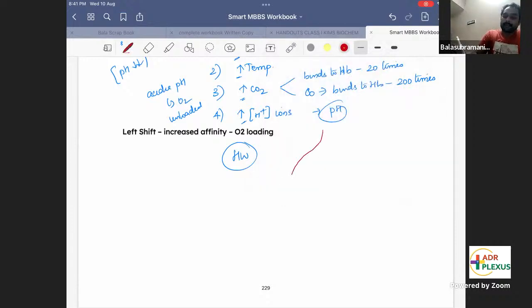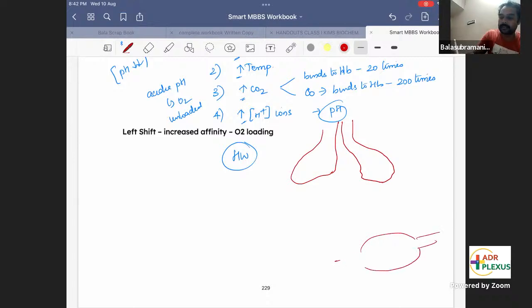See here. I'm going to draw the lungs here. And then I'm going to draw the skeletal muscle here. The lungs are full of oxygen.